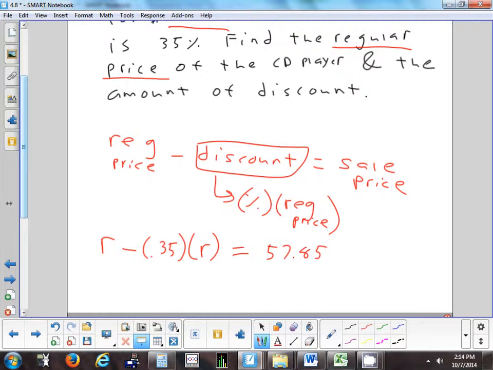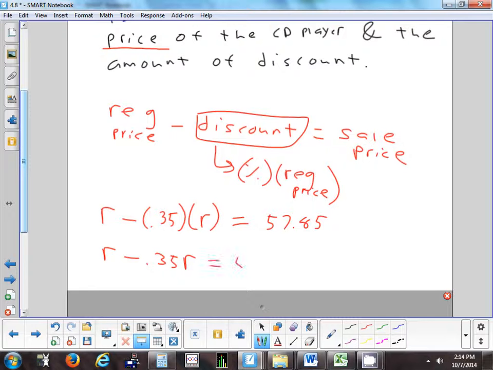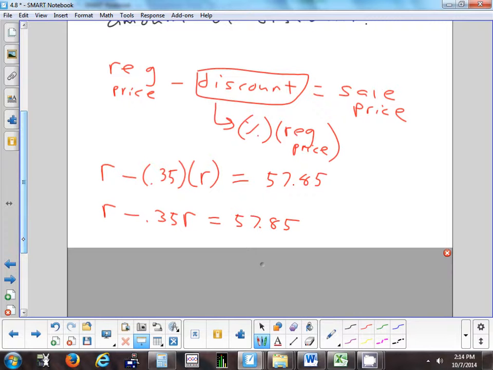All right, now we need to solve it. R minus 0.35 times R. There's not much we can do except write it like that: R minus 0.35R equals 57.85. What number is in front of R even though we don't see it? 1. What's our next step to solve that equation?